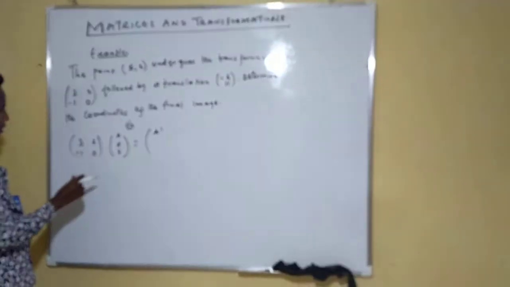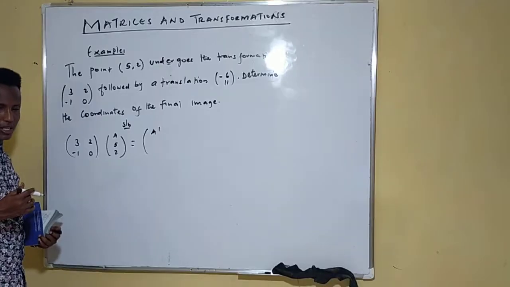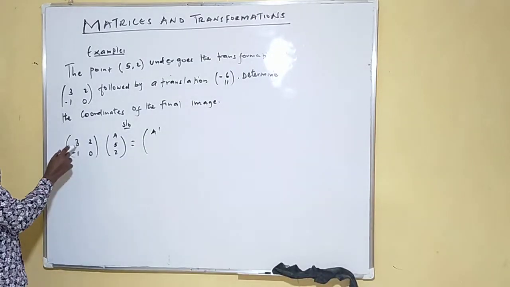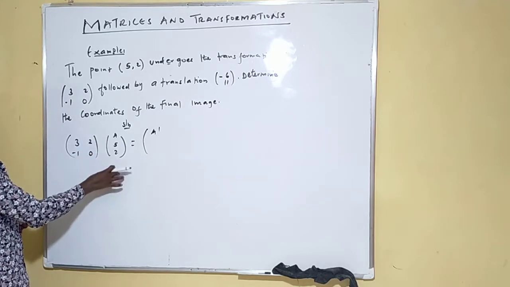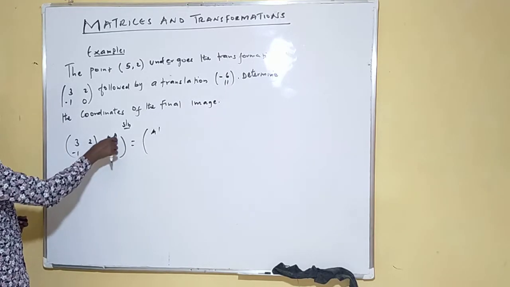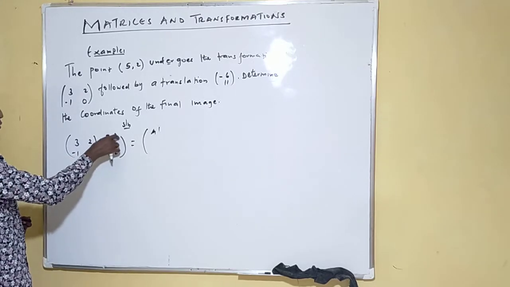So for you to get A prime, this is how you're going to do it. We have what we normally call multiplication of matrices. That's from Form 3 concept, okay? We're going to say a row multiplied by a column. So this row multiplied by this column.